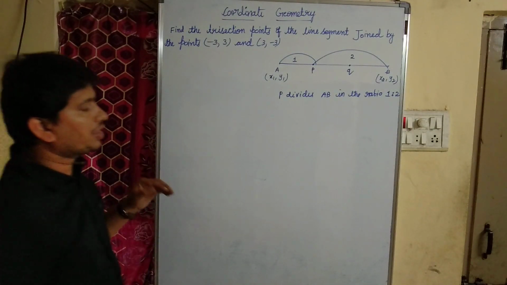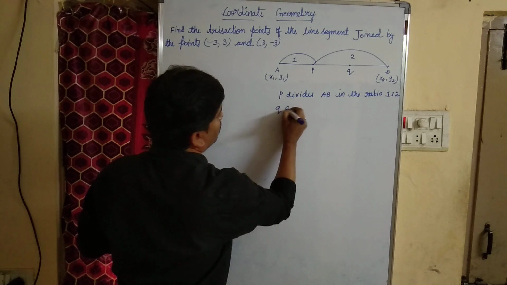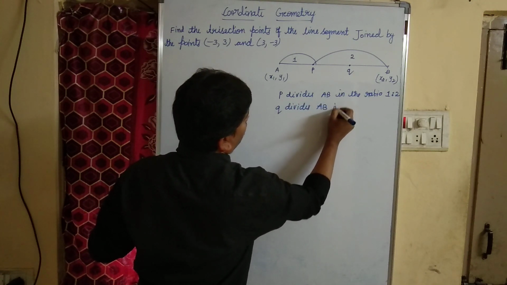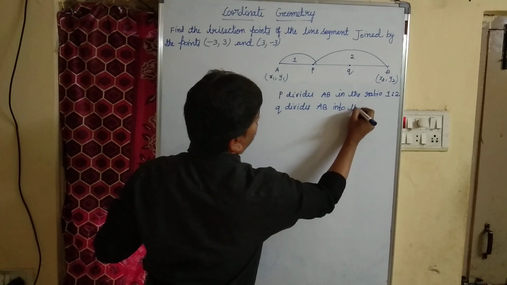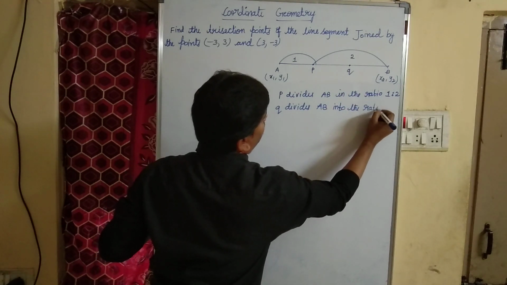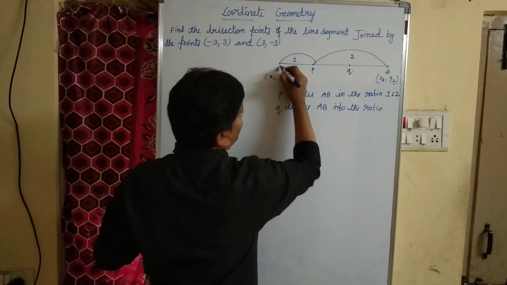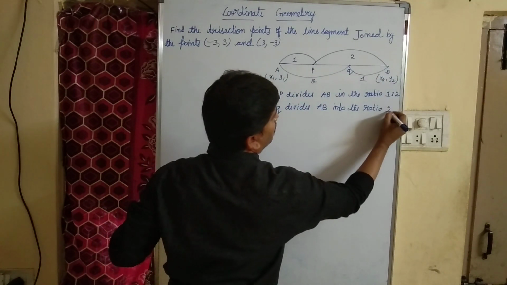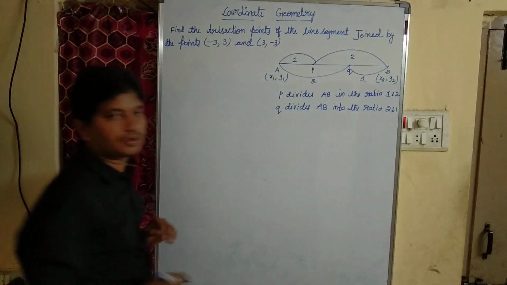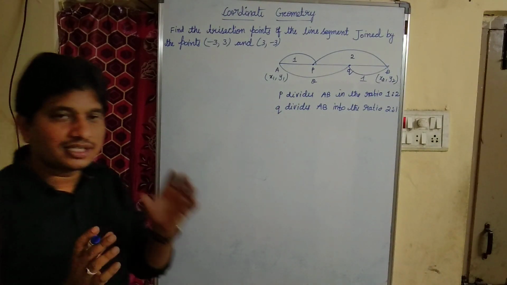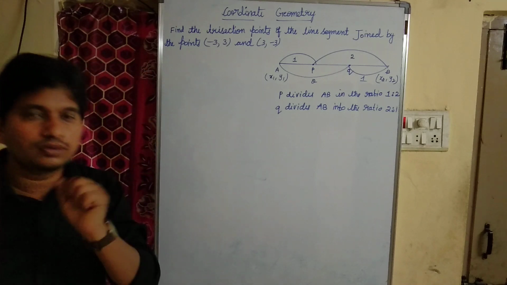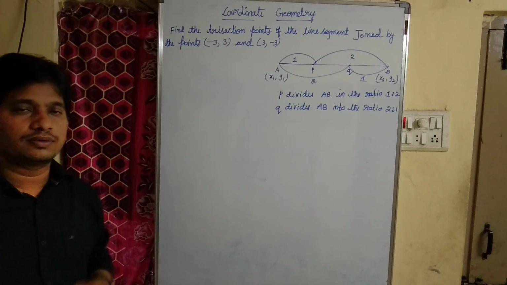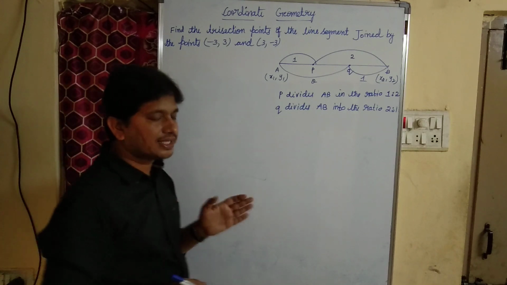Now, coming to point Q, Q divides AB in the ratio 2:1. P divides line segment AB in the ratio 1:2 and Q divides line segment AB in the ratio 2:1. So we have 2 cases here.